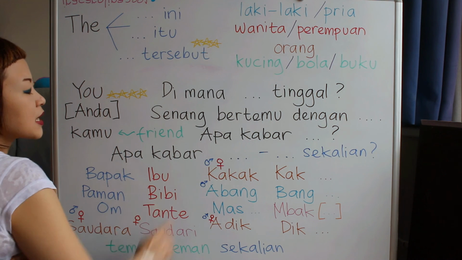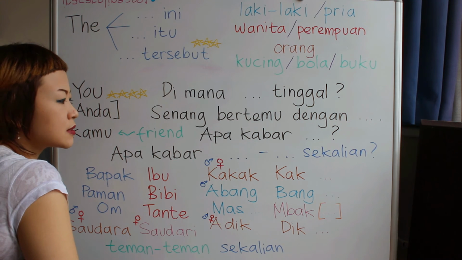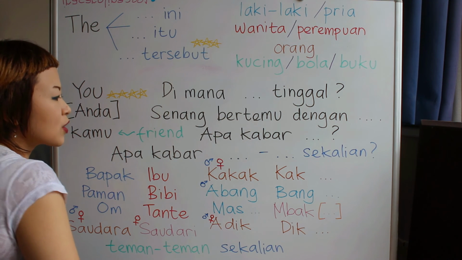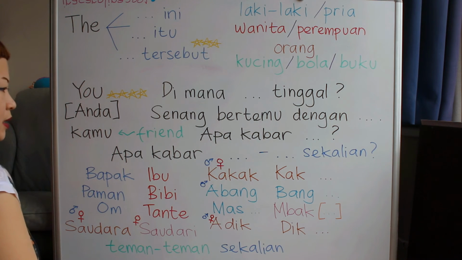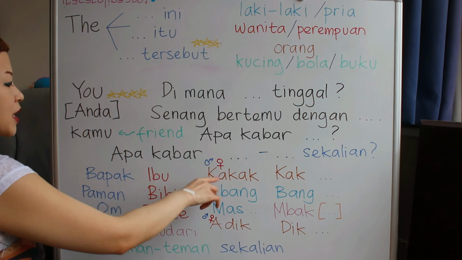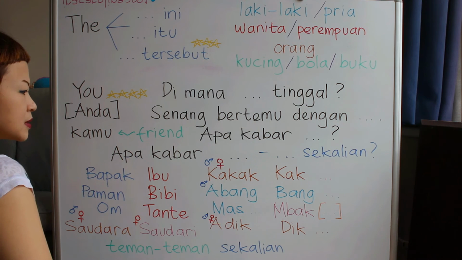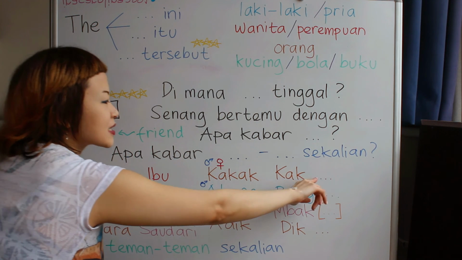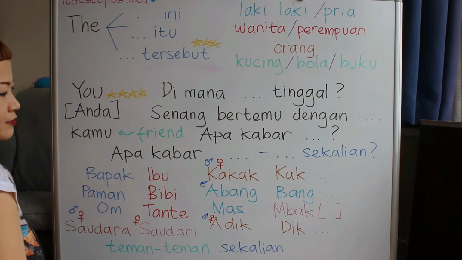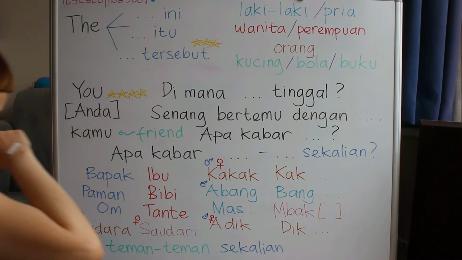We call them kakak or kak, and then the name. Kakak for male and female: kakak, or Kak Ira. You put the name here.